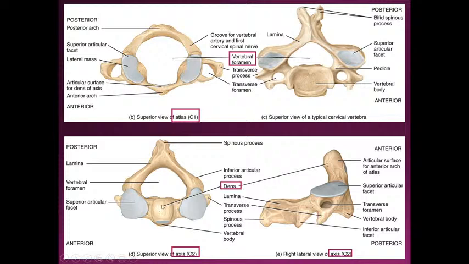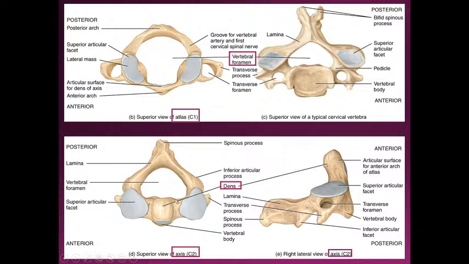We also see a bony projection here on the axis that is known as the dens or odontoid process. That's a funny, fancy name. Dens will do just fine. You see dens right here.